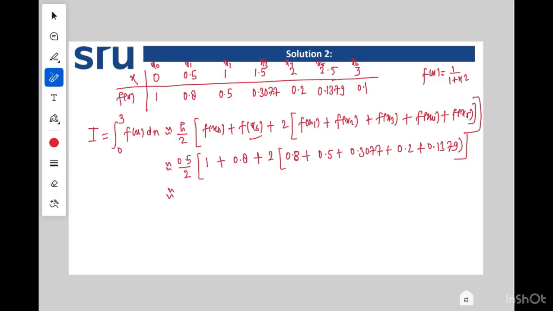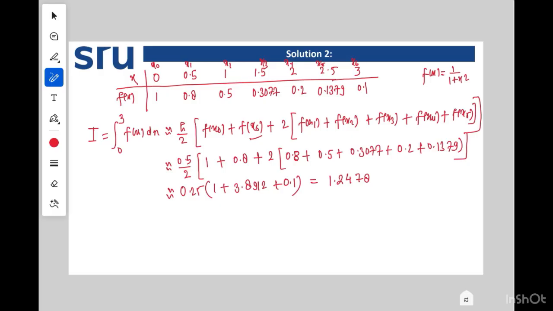So if you solve this, then you will get 0.25 into 1 plus 3.8912 plus 0.1, okay, which is approximately equal to 1.2478.